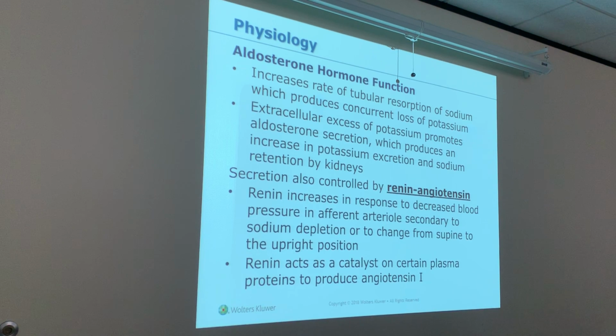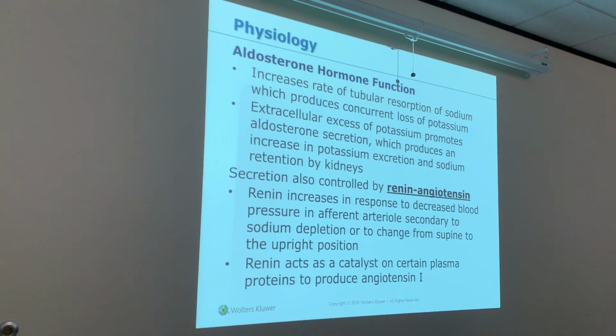Aldosterone. Aldosterone helps increase the tubular reabsorption of sodium and helps with the loss of potassium. Now, potassium, a person on dialysis has to pay attention to their potassium, because dialysis cannot remove potassium from the body.